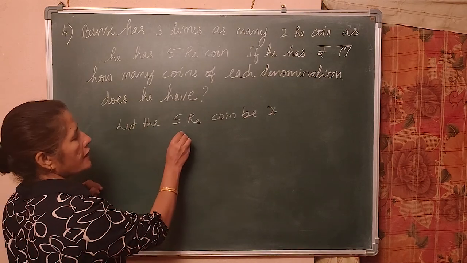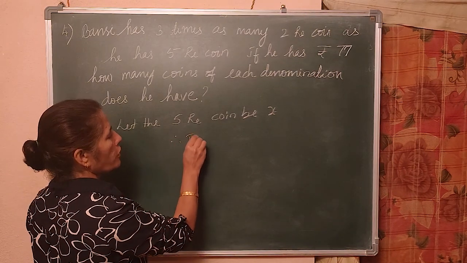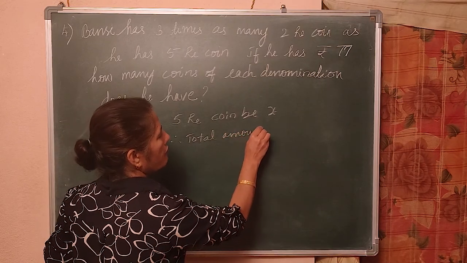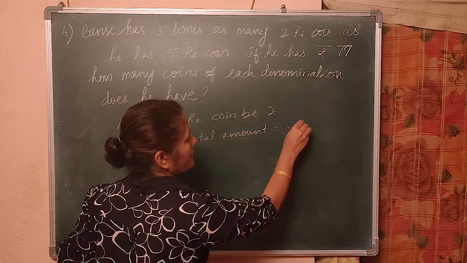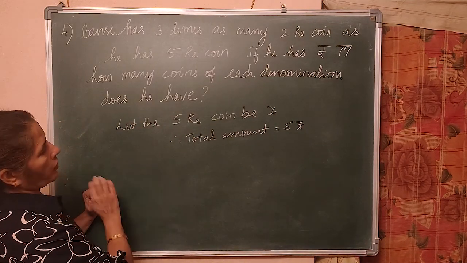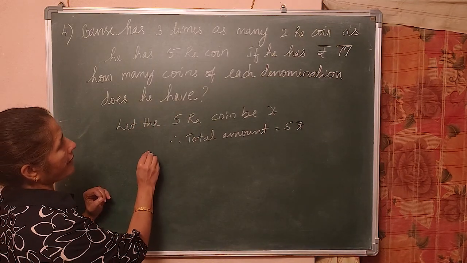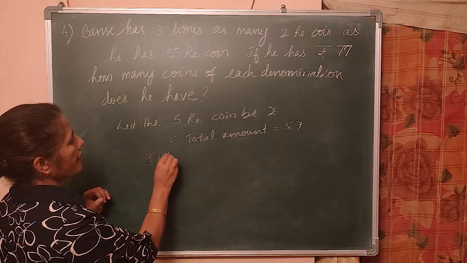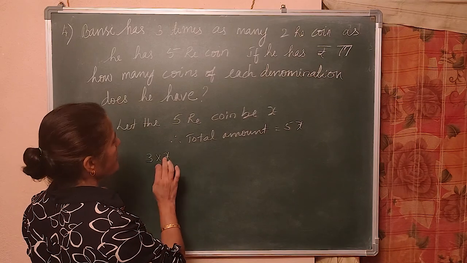So total amount is how much? 5x, right? 3 times 2 rupee coins.